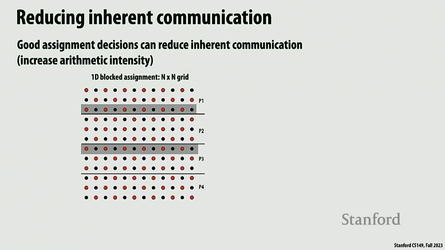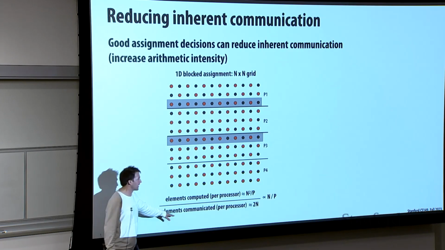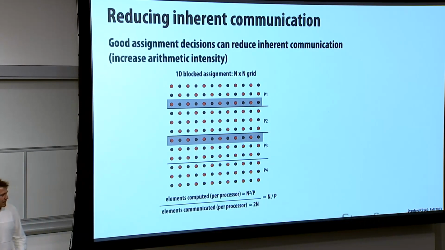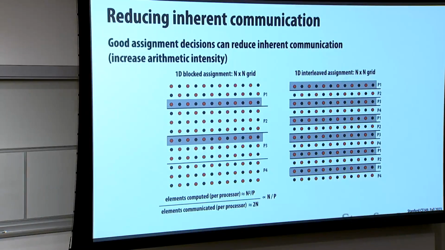N squared over p. And how much communication does every processor do? 2p? Oh, sorry, 2n, it's the width of the thing. So with n squared over p work, dropping my constants, and 2n communication, my arithmetic intensity is n over p.